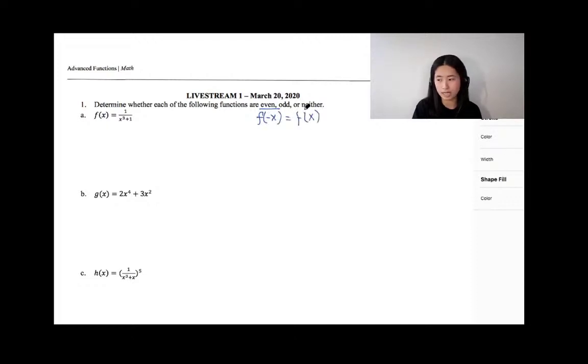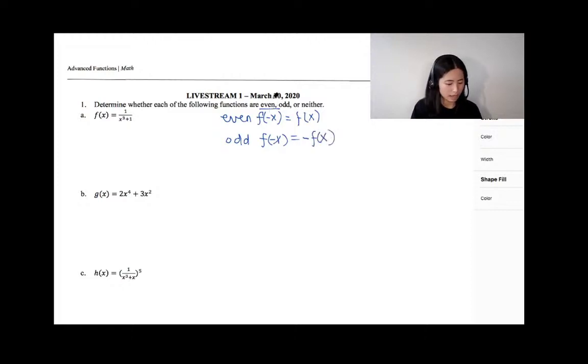So that's when it's even. And if it's odd, you need to plug in f of negative x as well, but instead of having f of x, you need to have negative f of x.